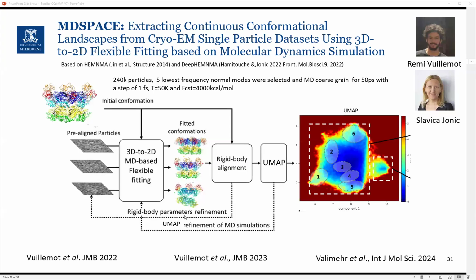Thank you for asking. First of all, I'd like to mention that MD Space is distributed within the Scipion platform if anybody wants to try it. But then I would also like to mention that the principle of this method is different from other methods available.